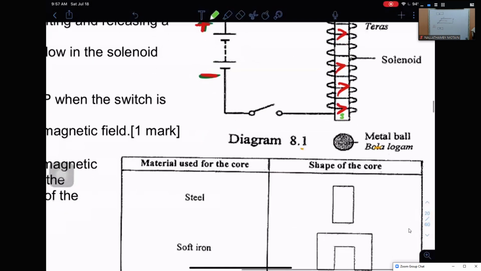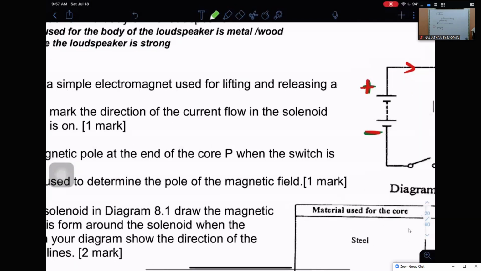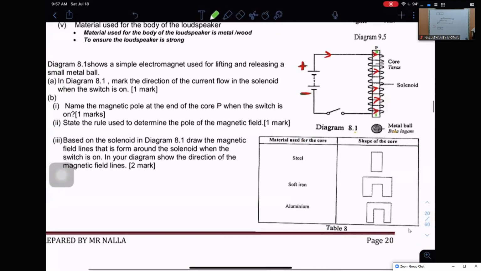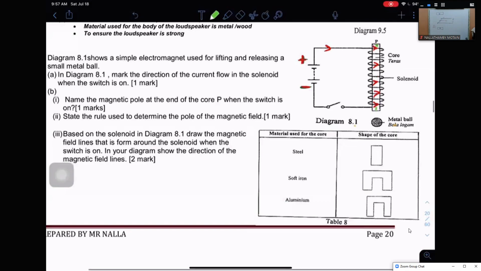Finished? Okay. The next one is, based on the solenoid in diagram 8.1, draw the magnetic field lines that are formed around the solenoid when the switch is on. In your diagram, show the direction of the magnetic field.